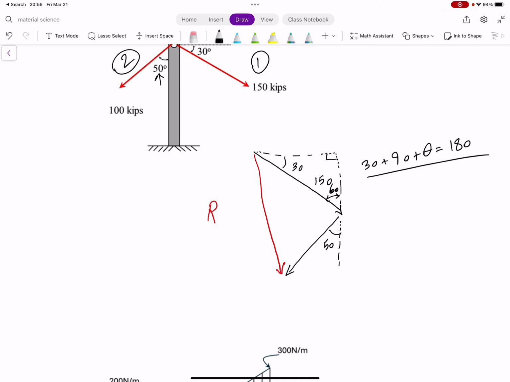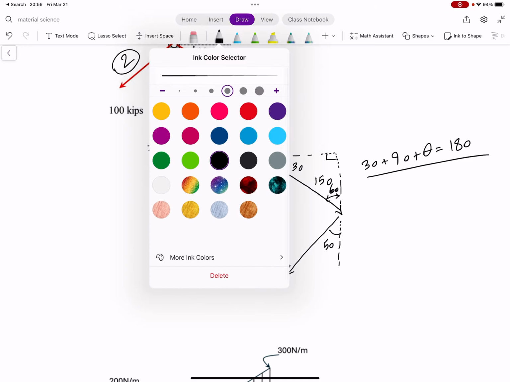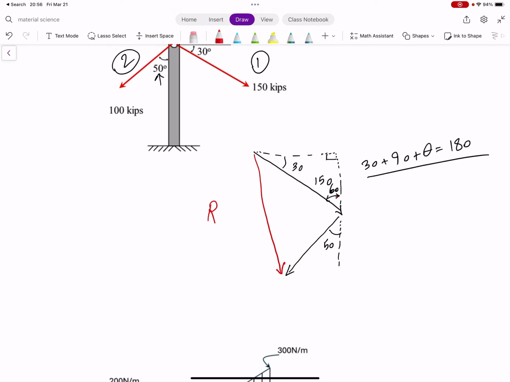And from here, this portion all the way should be 180 degrees, right? And we have the 60 degrees in this portion and 50 degrees in this portion. What do we have in the middle? The middle is going to be 70 degrees, right? So now in the triangle we have this angle, and we want to find R.